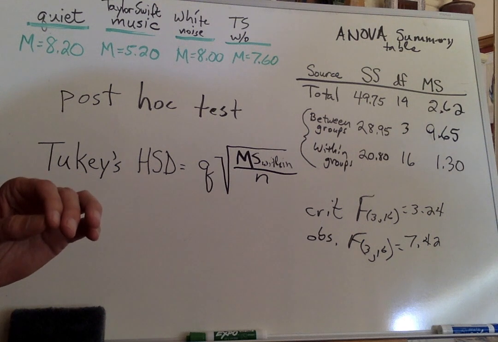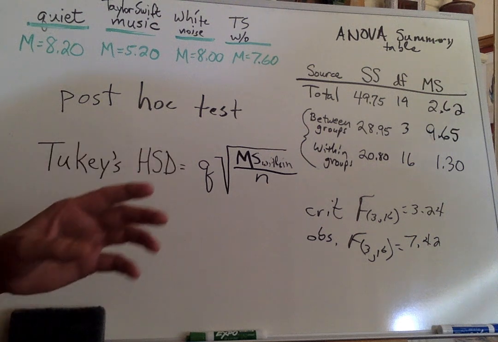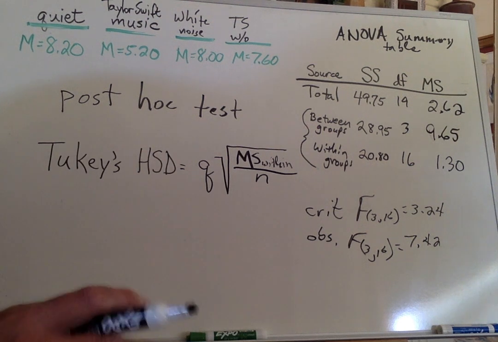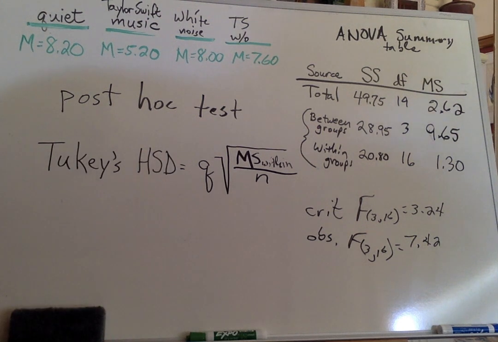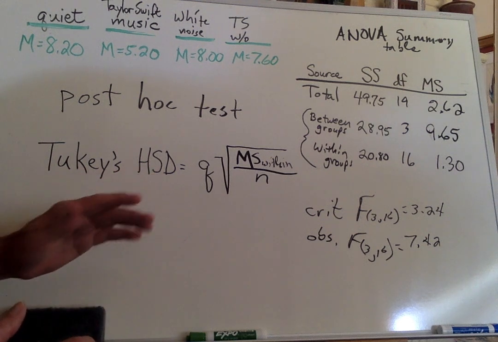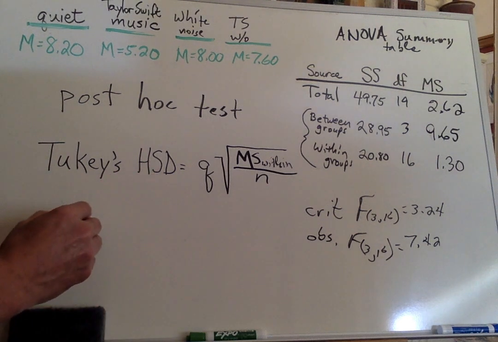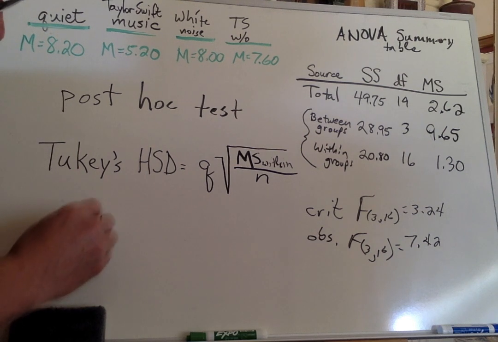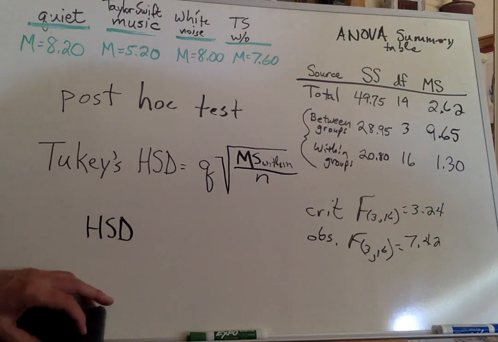It is used in lots of different ways. It's a fairly conservative test. That is, other Posthoc tests allow you to make decisions where you might be more likely to make a type 1 error. Tukey's test is a pretty good Posthoc test. So honestly significant difference. Okay.